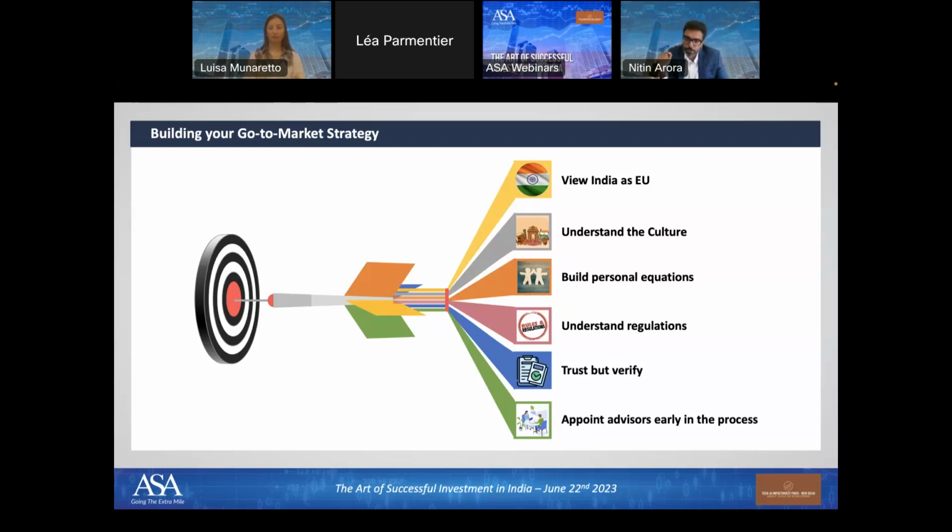It's also important to put everything in writing. Having a term sheet or LOI is very important, because people sometimes have a tendency to go back: okay, this was not discussed, we would never discuss it. So make sure that whatever is agreed, at least the important things, are minuted and documented, so that there is no bad taste once you reach a final stage in the negotiation on a transaction.